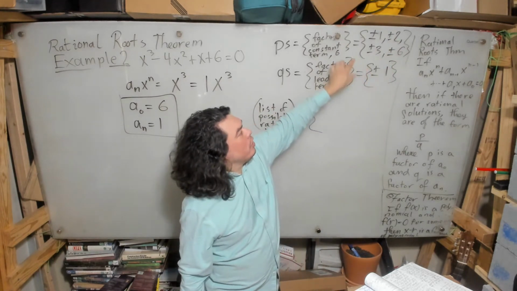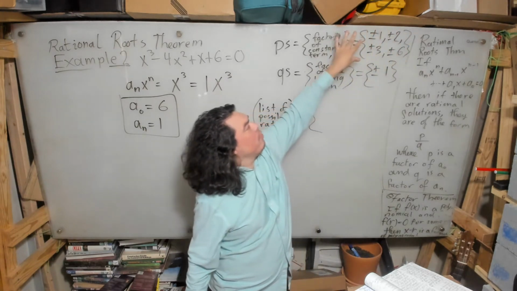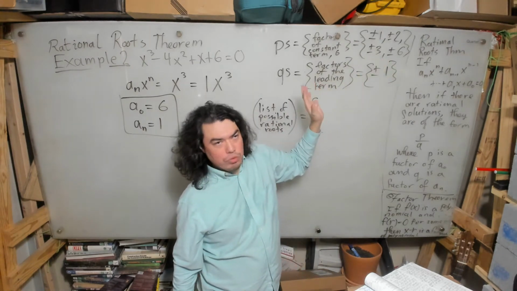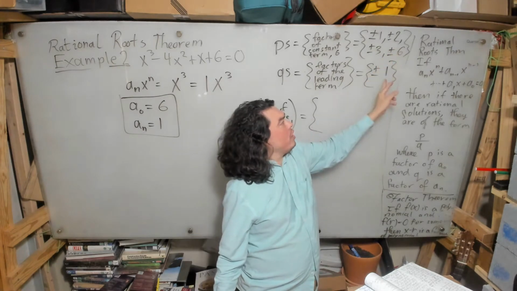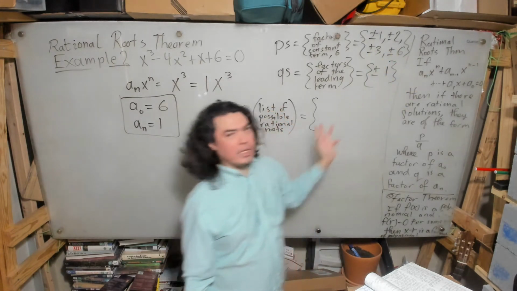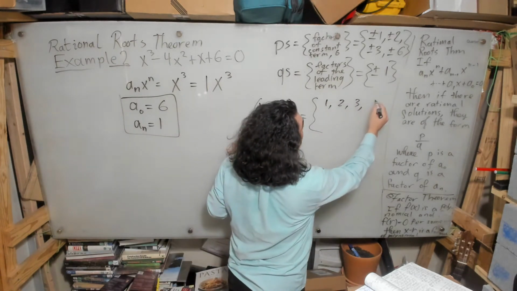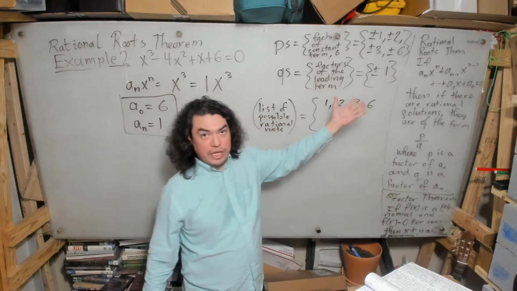So if I choose the positives from the list of p's and the positive one from the list of q's, then I get 1 over 1 is 1, 2 over 1 is 2, 3 divided by 1 is 3, and 6 divided by 1 is 6. So I get 1, 2, 3, and 6 as my possible rational roots there.